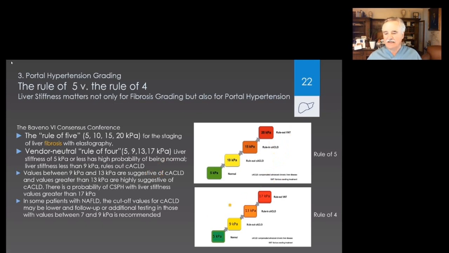There is a more recent vendor neutral rule of 4, from 5 to 9, from 9 to 13, from 13 to 17, with similar results. Liver stiffness matters not only for fibrosis grading, but also for portal hypertension, as you can see here.